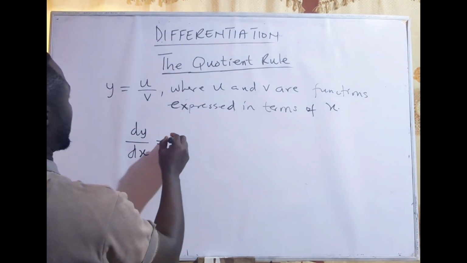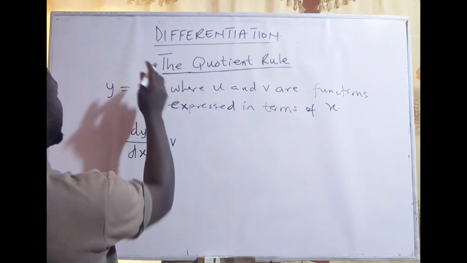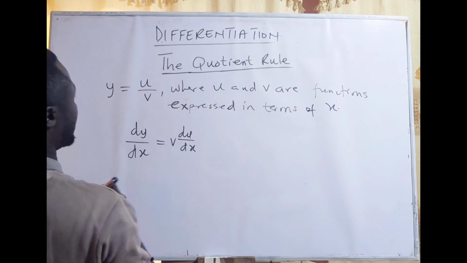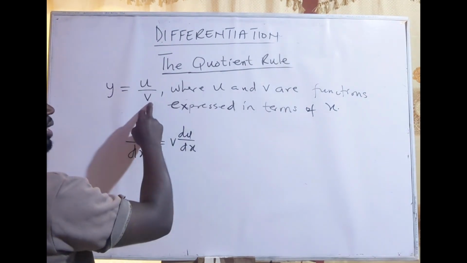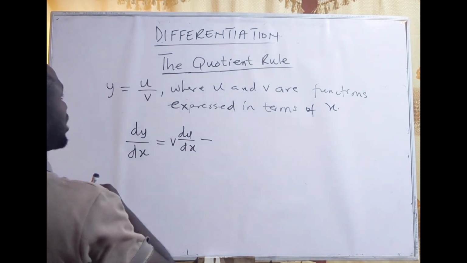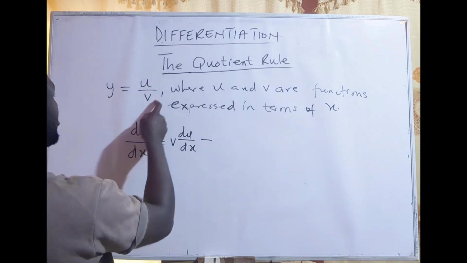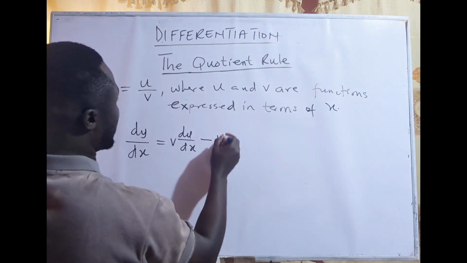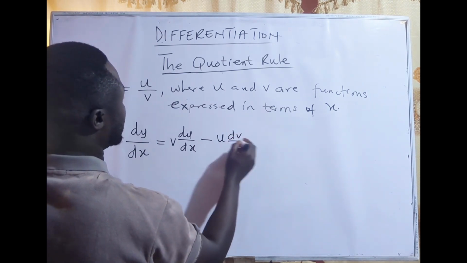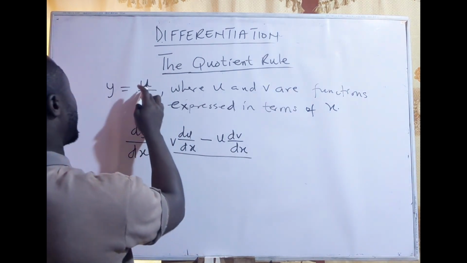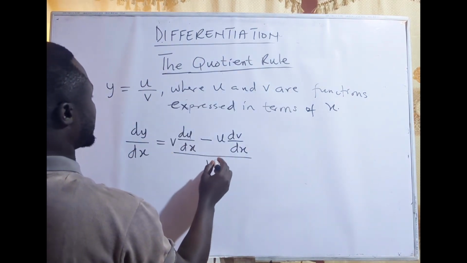Differentiate this, multiply by this, minus: differentiate the denominator, multiply by the numerator. So I maintain the numerator and differentiate the denominator in terms of x. When I'm done, I'll take the denominator and square it.